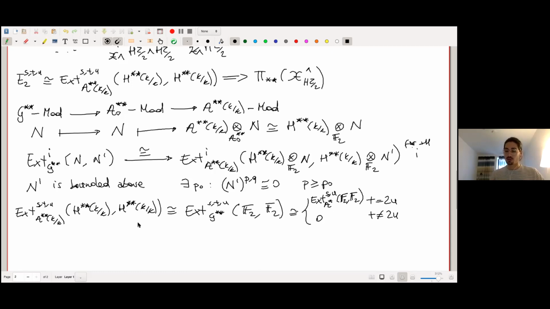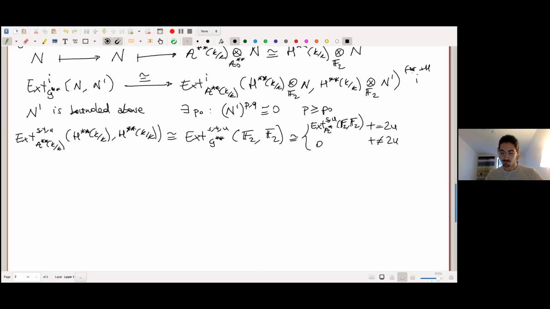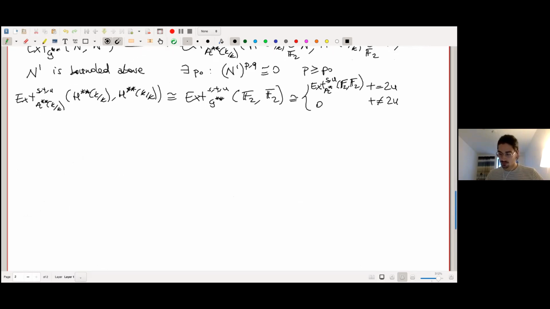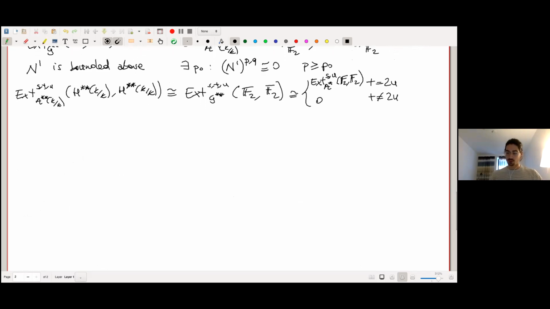So it can be expressed as just the usual E2 page of the classical Adams spectral sequence. Now if you look at differentials, the situation is pretty easy because usual differentials of the motivic Adams type spectral sequence have degrees r minus 1, 0.